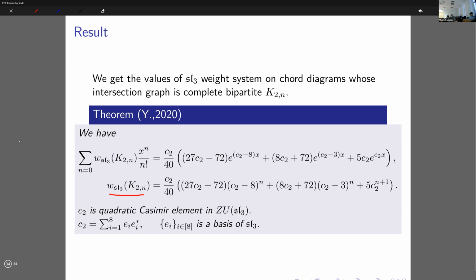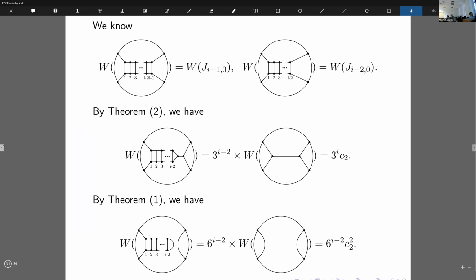Pay attention please to the fact that this polynomial does not contain C3. And this is because the value of the polynomial of WSL3 on the projection of K2N chord diagram to primitives also does not contain C3. And will you please return back to the table of values of SL3 on small chord diagrams?